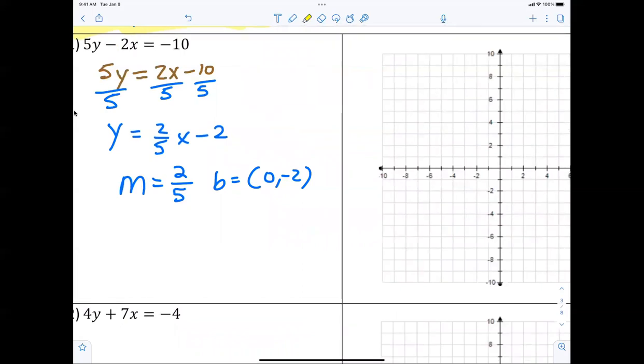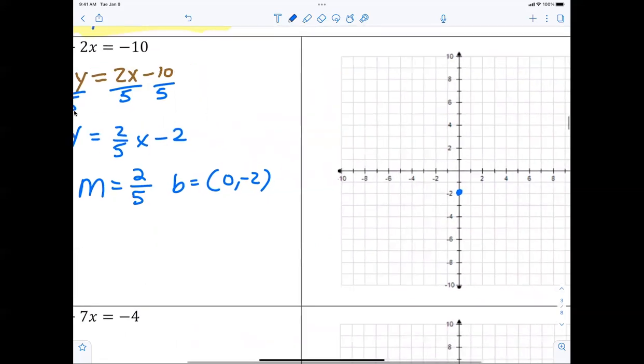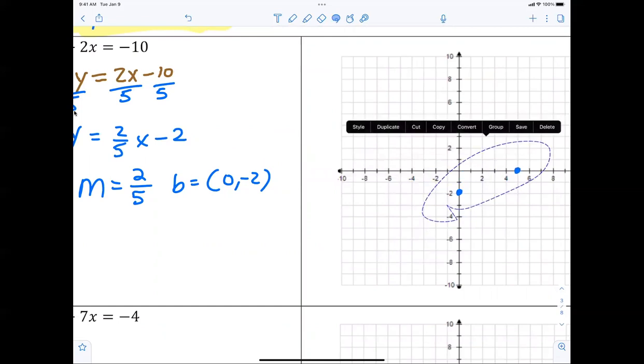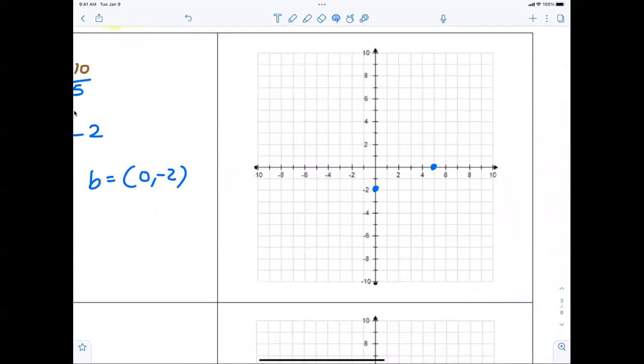So now to graph this, just to make sure, we go to (0, -2), plot a point, and then from there, we go up to the right 5. And then we draw the line. That's how simple.